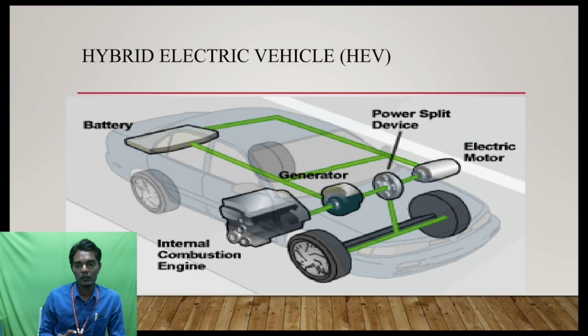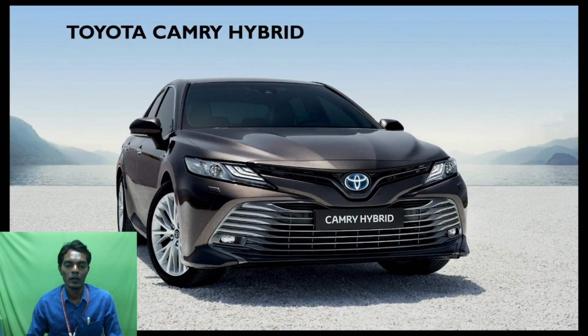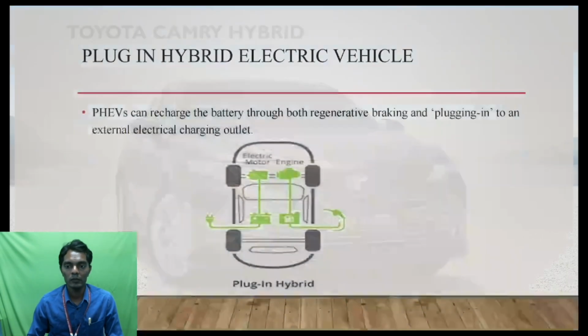This generator can operate as a generator, but it can also operate as an electrical motor, because it has both. Think about it: now you are driving your car down a slope. Here you don't need a motor, but you need a generator to convert the excessive energy to generate power, and the power is stored in the battery with the help of the generator. So this is a famous and well-known hybrid electrical car which is available in the market, the Toyota Camry.